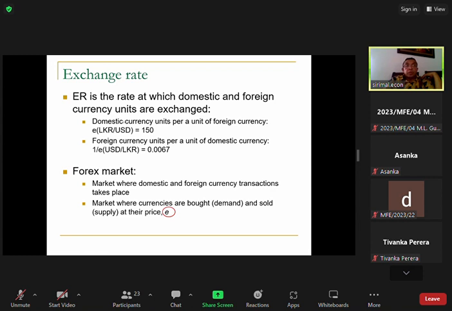Currencies are sold, currencies are bought, and we pay the price. So we have demand and supply of foreign exchange. The price of the currencies, the exchange rate, is determined by demand and supply for the currencies in the currency market or foreign exchange market.